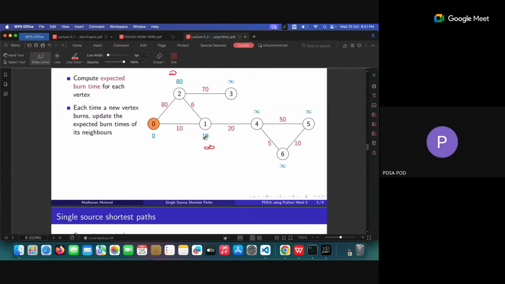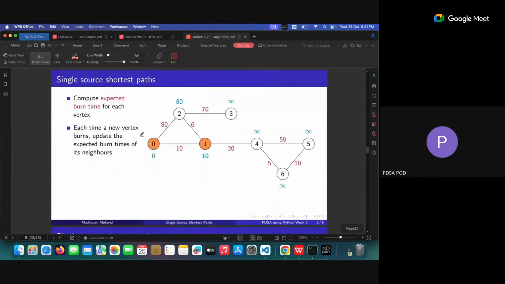But these two are gone, because from 0, you have two adjacent vertices, that is 1 and 2. But of course, out of these two, we choose the nearest one. The nearest one is 1. That's what they show next. See, yeah. Two of them have expected burning time updated, but only one of them burned because it is the shortest. From here, you can see that.